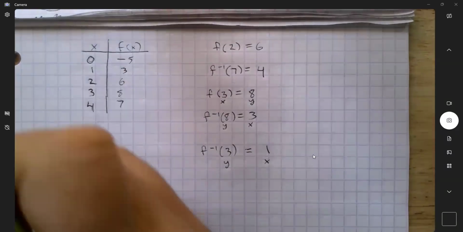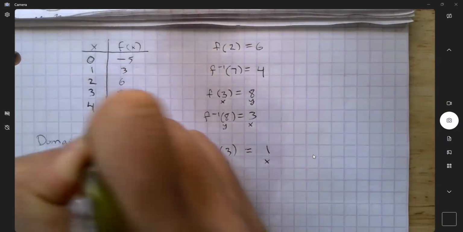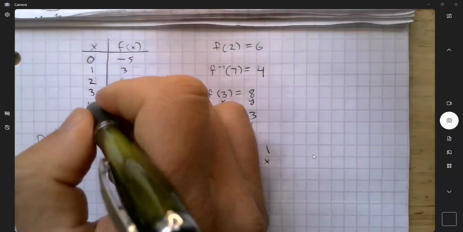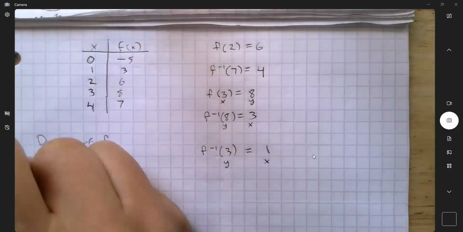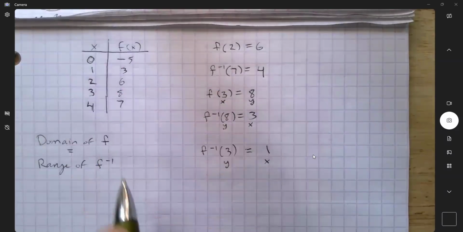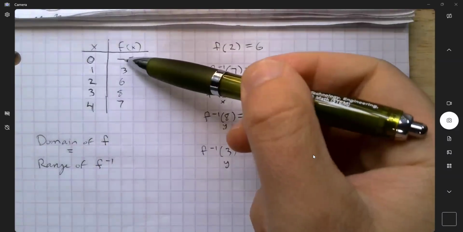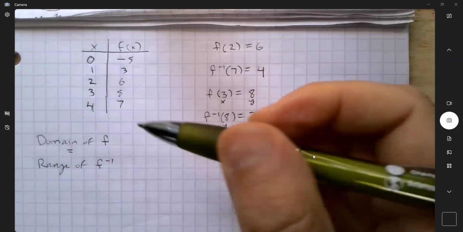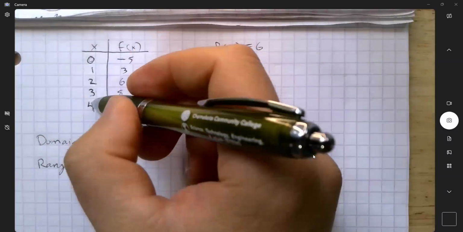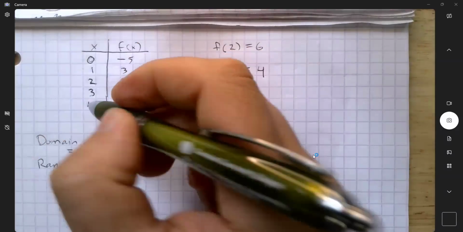By the way, that should make it pretty clear that the domain, the inputs for f, is the range of f inverse. Sorry, the inputs of my function are the outputs of my inverse function.